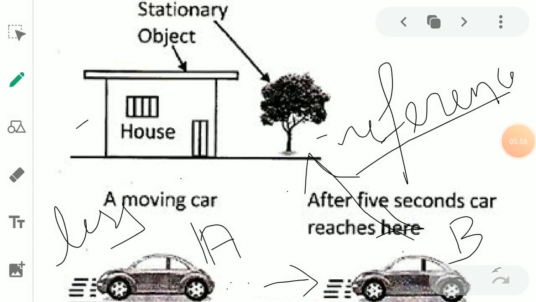Now if a body is moving fairly fast, then the motion of that body can be observed easily as compared to a body which is moving very slowly. For example, a wristwatch has 3 hands: a minute hand, an hour hand, and a second hand.